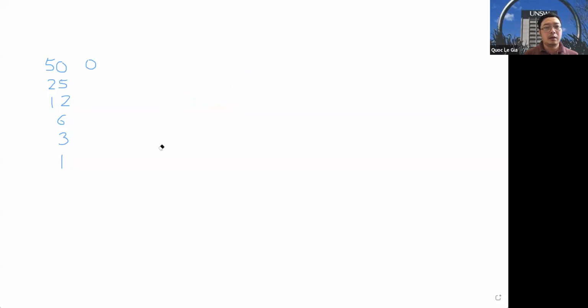Then so 25. This one should be 1. The remainder is 1, and this one the remainder is 0. Okay, so remainder is 0 and remainder is 1.